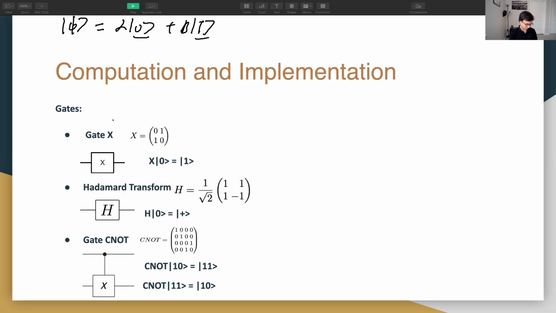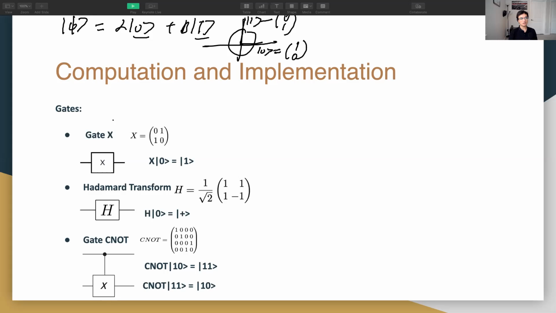So if I have to draw the diagram of this, it's at 0, it's at 1. And I can denote my 0 as the matrix 1, 0 and 1 as 0, 1. So what gate X does is it flips the bit. If my wave function has the state of 0, it will flip it to 1. If that's 1, it will flip it to 0.